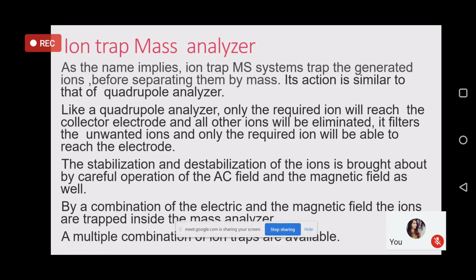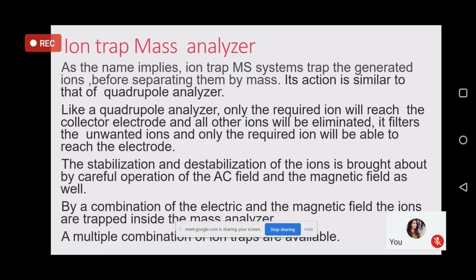Now, if you want to make one particular ion of particular M by Z leave that orbit, to leave that path in which it is moving in that confined volume, then you have to change the parameters, then you have to change the conditions. And what conditions can you change? The only options available are the direct electric current, which is applied to the end cap electrodes, or the alternating current, which is applied to the ring electrode in between.